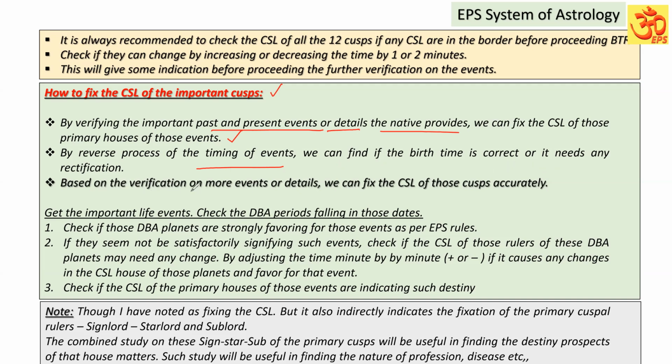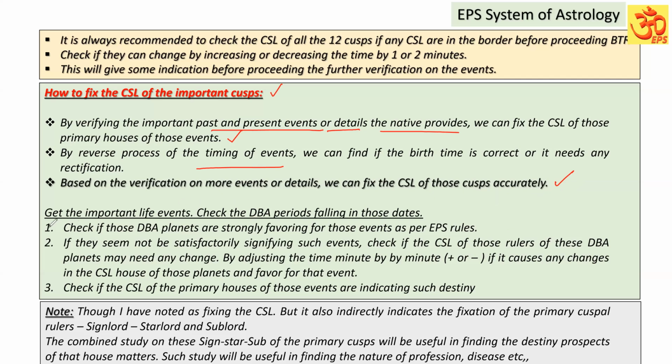So based on verification of more events or details, we can fix the cuspal sublot of those cusps accurately, not just with one single event. The more events and details we get, the more useful they will be in fixing the cuspal sublot of the respective cusps.